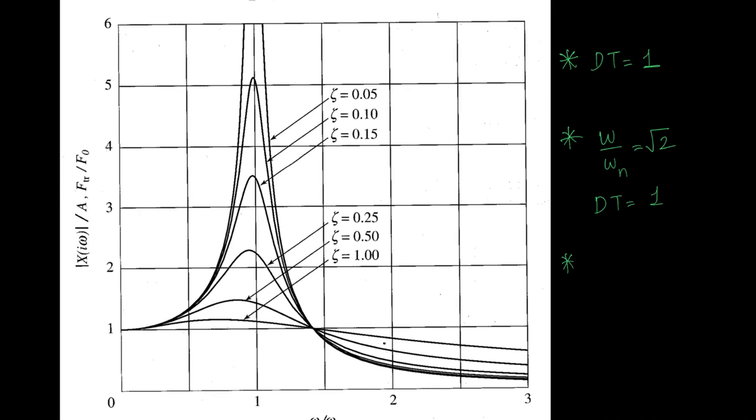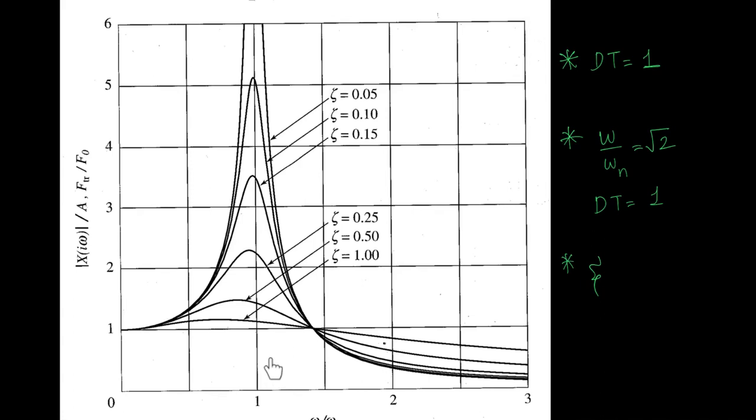Moreover, as you increase the amount of damping in the system, you can see here in this particular regime, for values of omega by omega n less than root 2, damping helps, because as you keep increasing the amount of damping present in the system, the amplitudes are coming down.